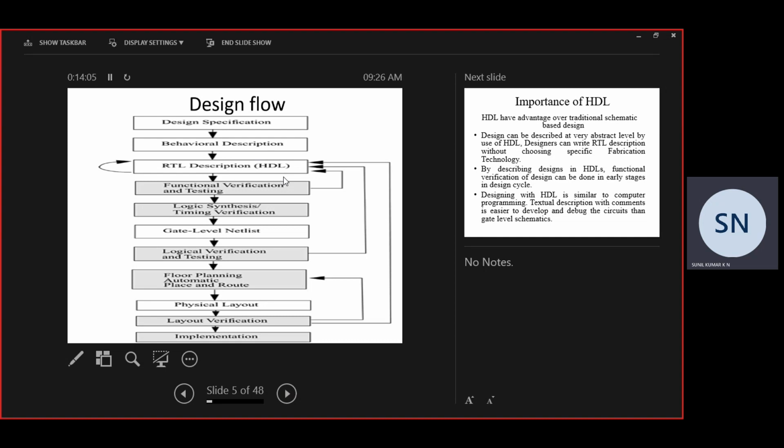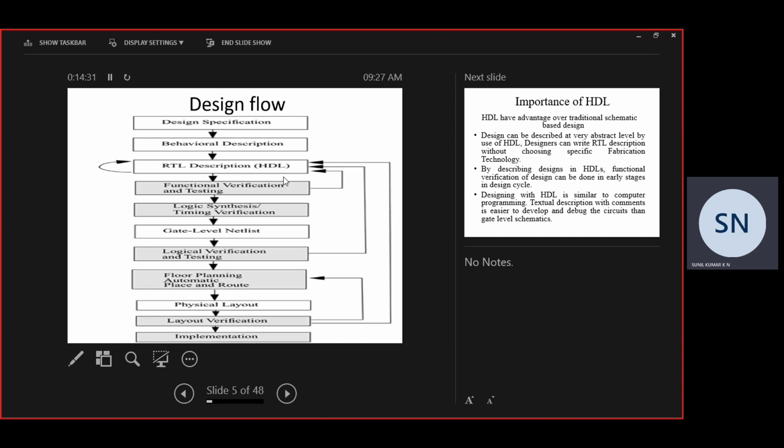Now once I have this AND gate realization, next is how I can implement it. I am describing the design flow, so next is the RTL description, which is HDL programming. How can I write it in a hardware description language? For that I am going to use Verilog.